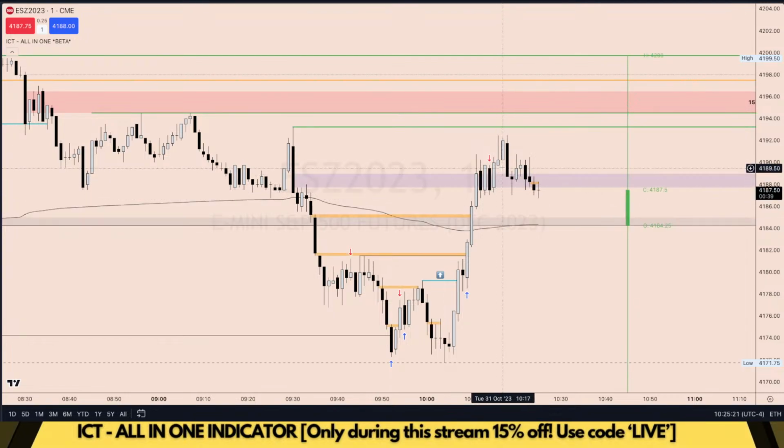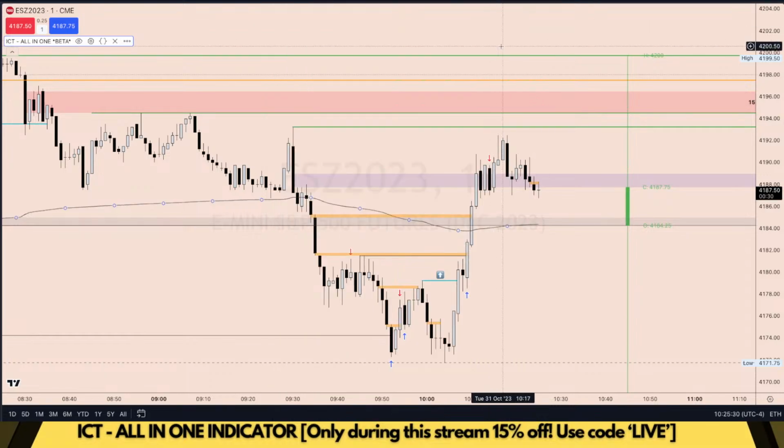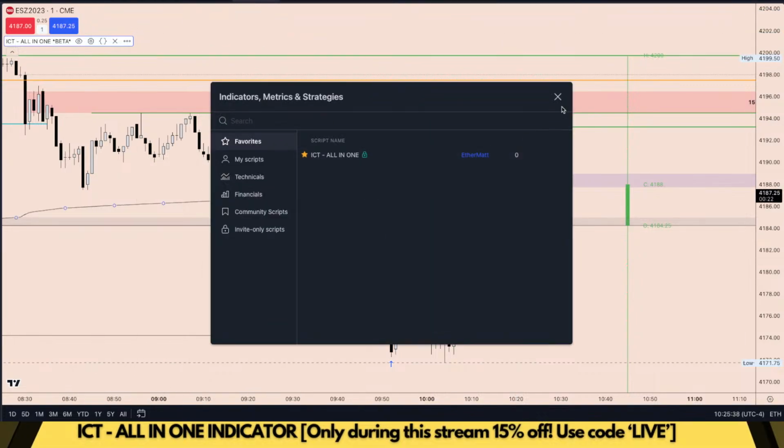So after closing above our inversion, we still don't see the SMT. That's weird. Well, I would try to fix that issue off screen. That's exactly why it's still a beta version and not the alpha version.